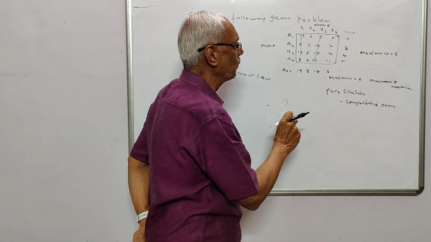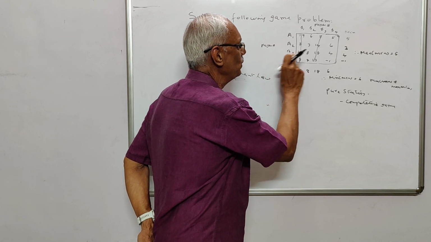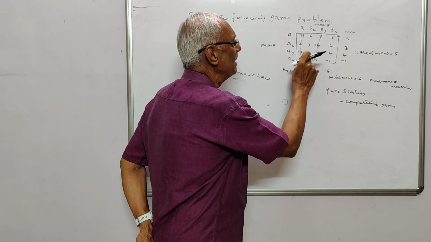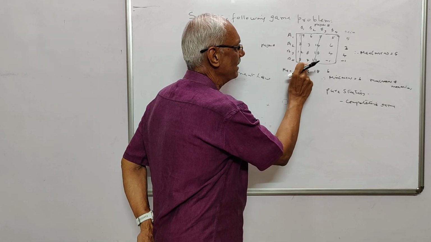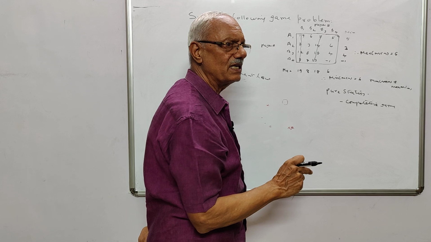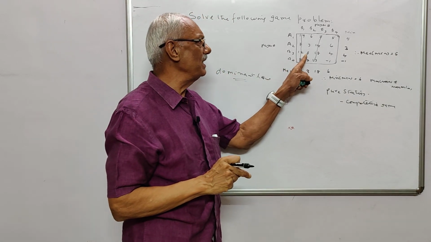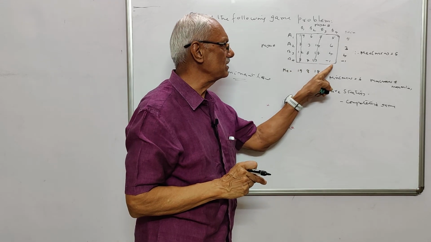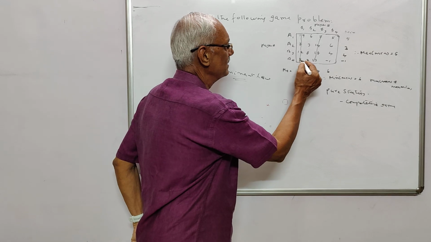Between A3 and A4, A will choose A3 because he will gain more. If he uses A4, his gain is 7 and his loss in the other case is minus 1. But if he uses A3, his gain will be 8 and 4. So A4 is a weaker strategy compared to A3, and therefore it will be given up.